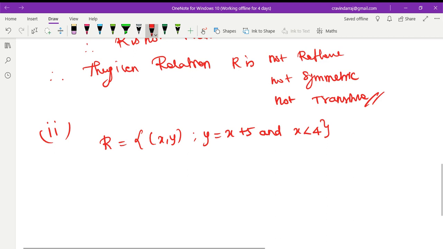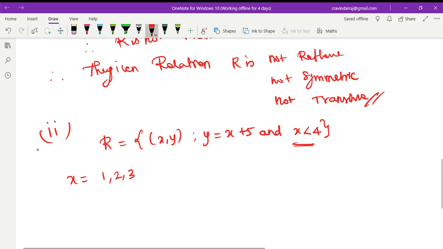Natural numbers start from 1, 2, 3 up to infinity. Since they gave the condition x less than 4, our x values should be 1, 2 and 3.